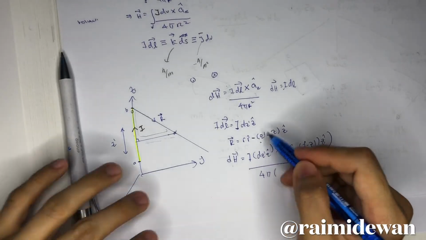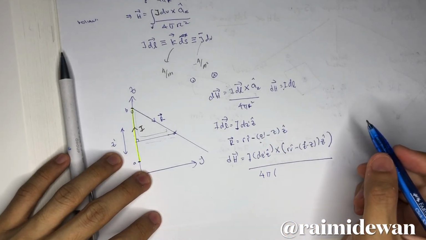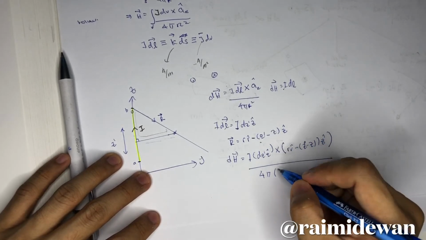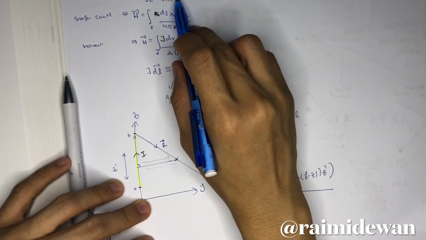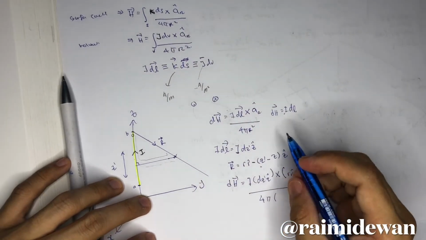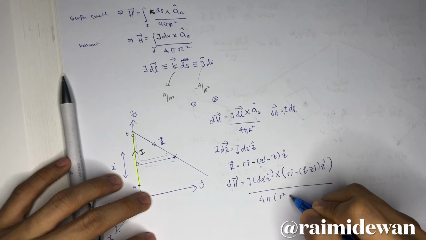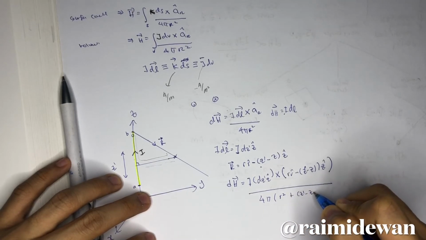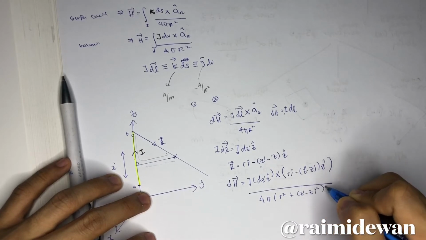I don't want to make it a bit complicated, but never mind. So we try to use this one, which is the power of 3. This one is power 2. We just expand our unit vector, so we will have r square for the magnitude, plus z1 minus z, squared, to the power of 3 over 2.